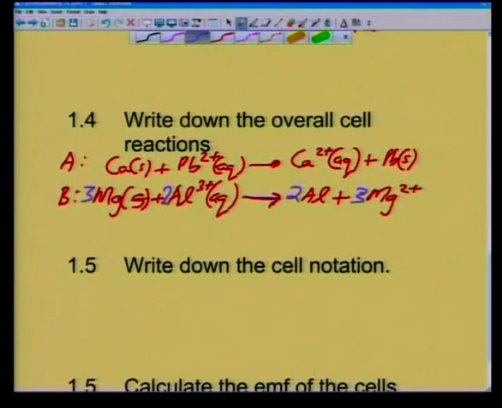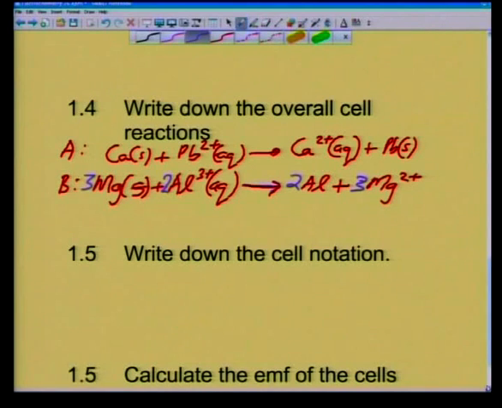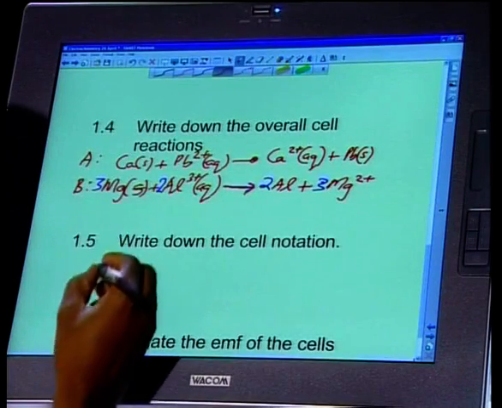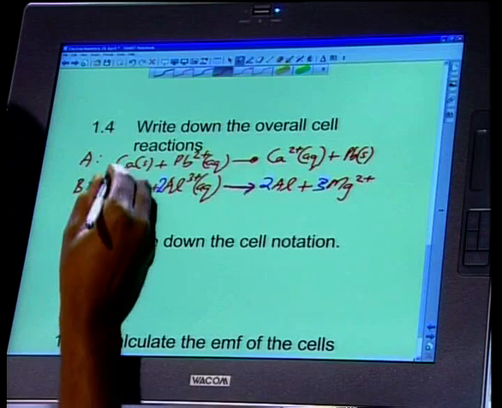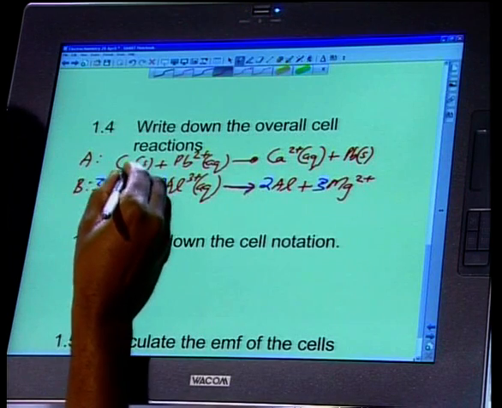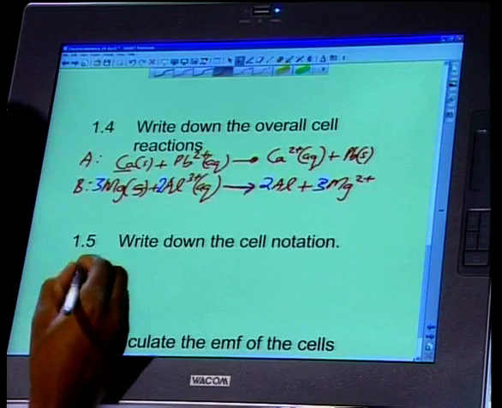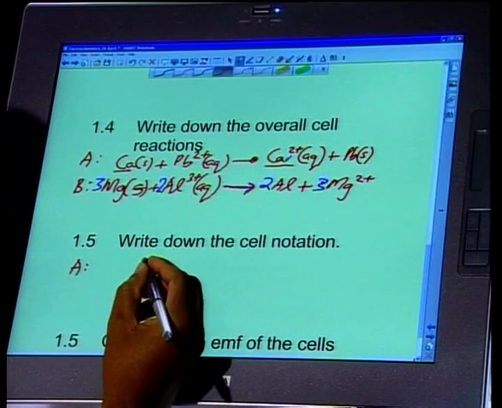1.5, write down the cell notation. Now this is very important. We need to learn to do our cell notation. Cell notation, we just show from left to right, and I'll be explaining everything I write here. Look at it. When you start with calcium, this is for A, it ends up as Ca2+.